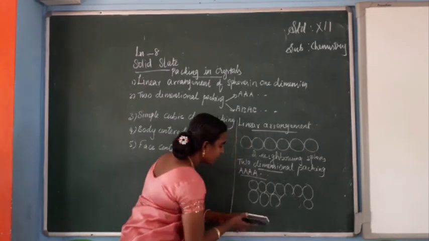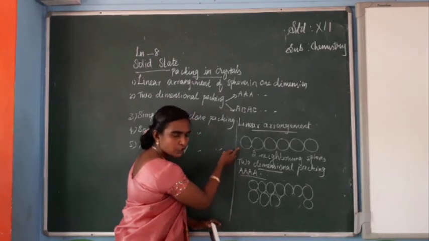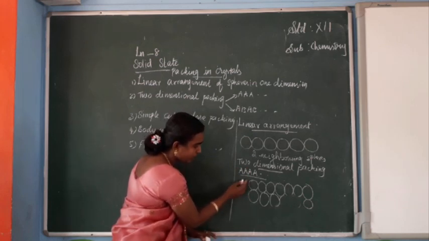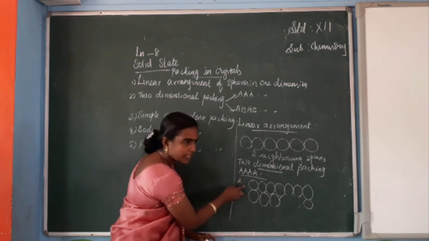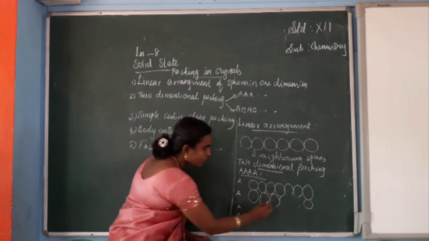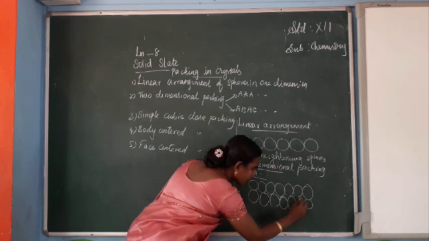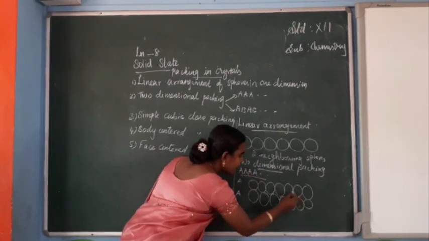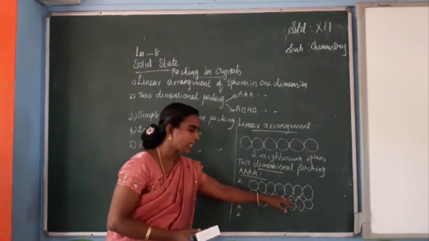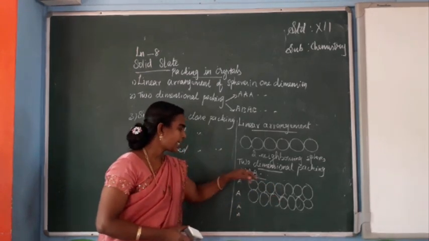Exactly the same one-dimensional linear arrangement is repeated more times like this. This layer is called A, and this layer we can call A, and so on for the next layers. This type of arrangement we call A type arrangement. Vertically and horizontally, the same type of spheres are arranged. So this is A type.